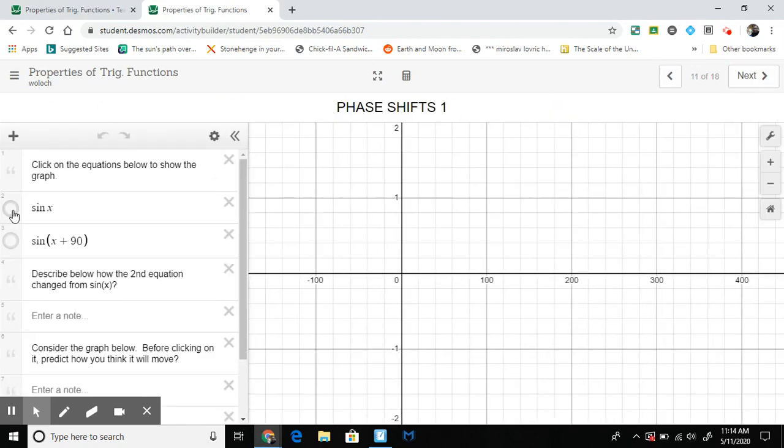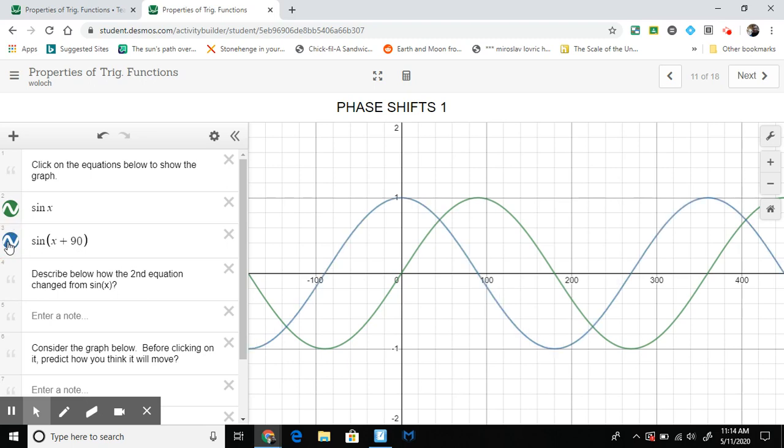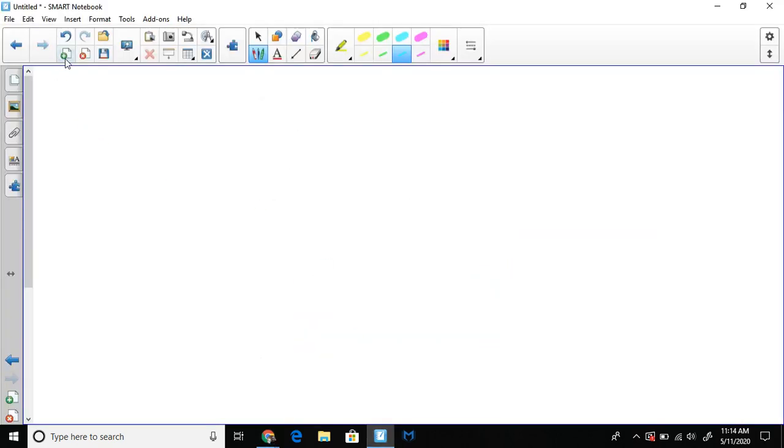Okay, so then this one just dealt with phase shifts. Here I have sine of x, here x plus 90. When I see it, this has just moved 90 degrees in the negative direction. It's the same deal as when we would shift, if we had x minus 2 squared plus 4, how would you describe the shifting?